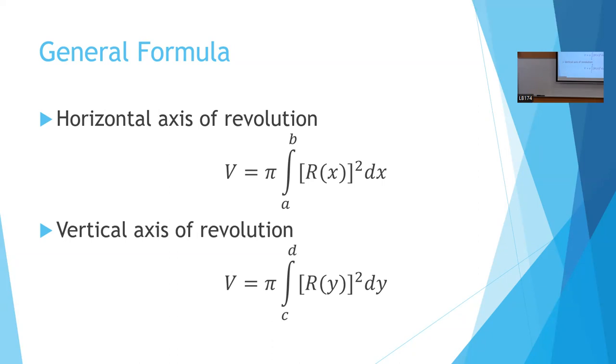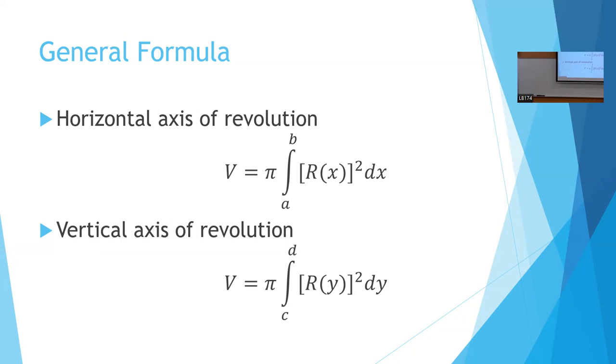So the radius here is a radius function rather than a standard single numerical value. So we're integrating essentially pi r squared, where r is our radius function.